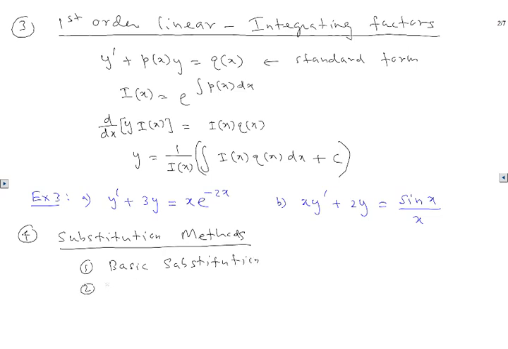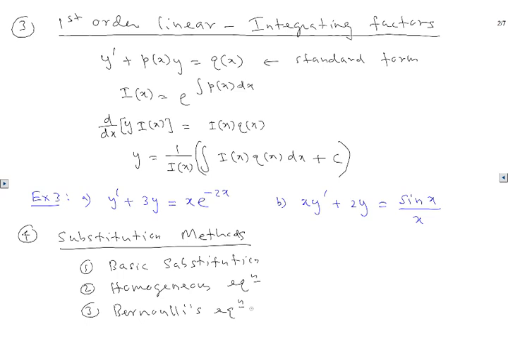The second one is what we call the homogeneous equation. And the third one is Bernoulli's equation. So let's talk about them one by one.